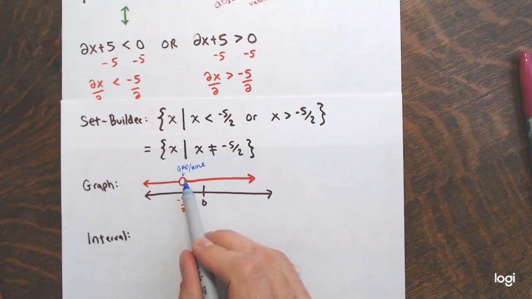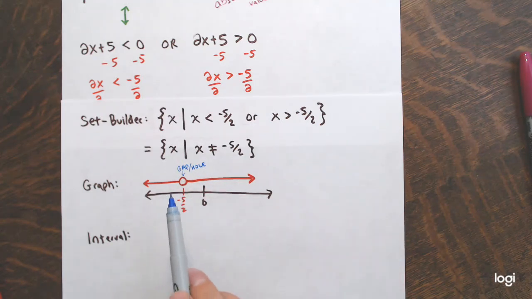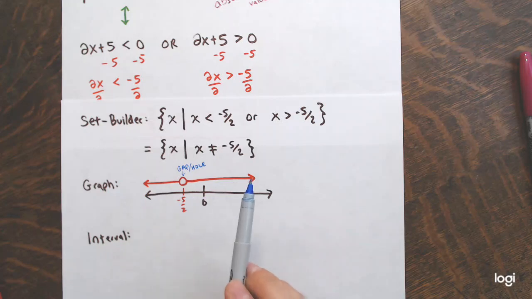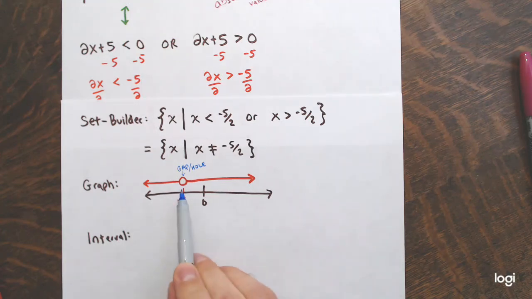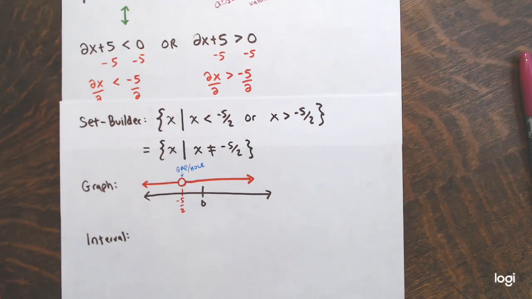There's nothing there. It's empty space. So I do have two separate pieces on this graph, just like in all the other graphs. It's just that the gap between them isn't as large. The gap between them is just one number large. But because I still have these two separate pieces, when I write the interval notation, I'm still going to write the two intervals.